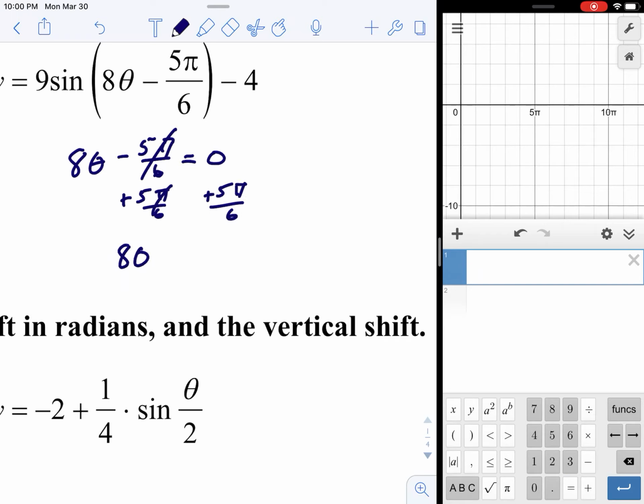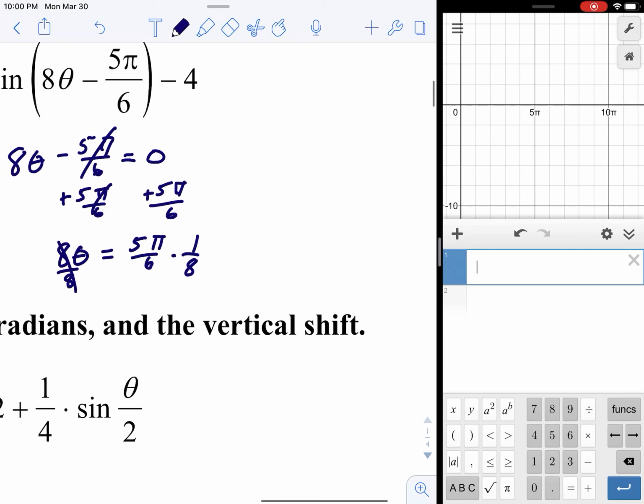You get 8 theta equals positive 5 pi over 6. To cancel out the 8, you need to divide by 8, or on this side, multiply by 1/8. Dividing by 8 and multiplying by 1/8 is the same thing. So that gives you 5 pi over 48, right? Yes, 6 times 8 is 48.